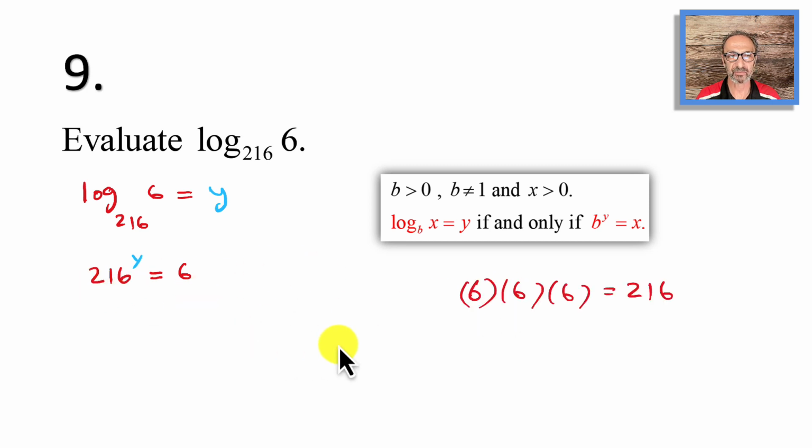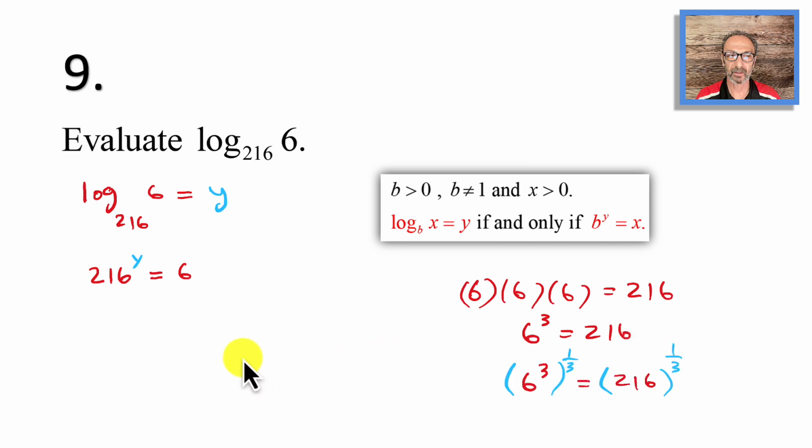Let's try on the side. 6 times 6 times 6 is actually 216. So 6 to the third is 216. So we could write 6 by itself. That's one option. To get rid of this 3, we raise both sides to the 1/3 power to simplify this and make it 1.